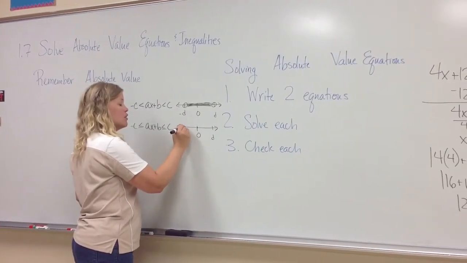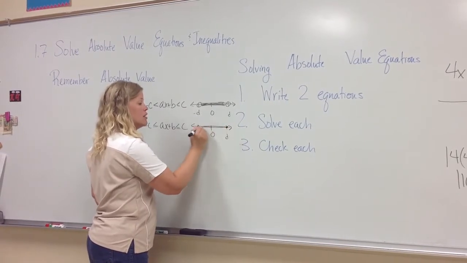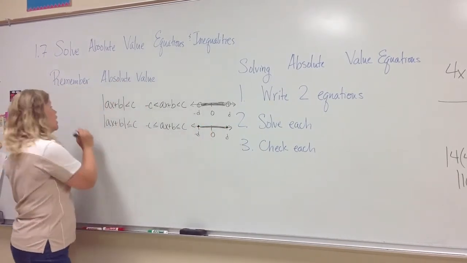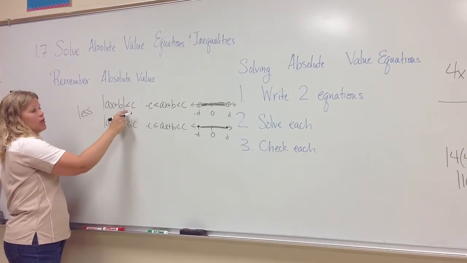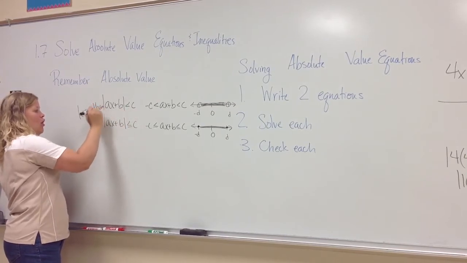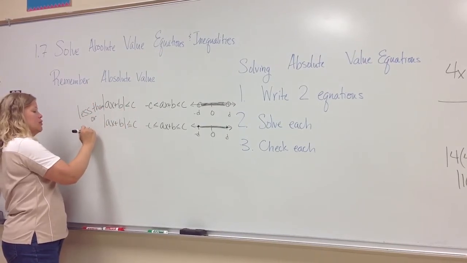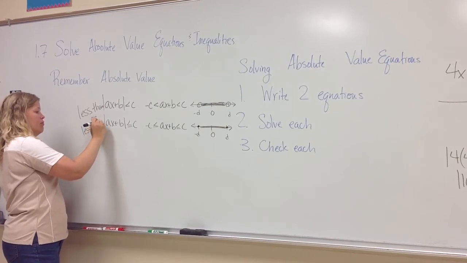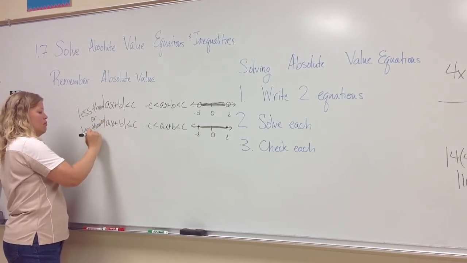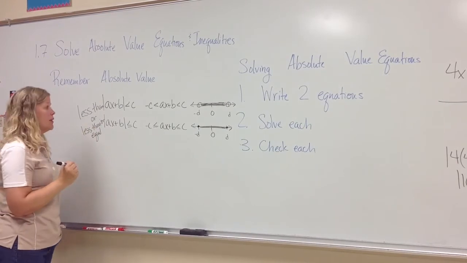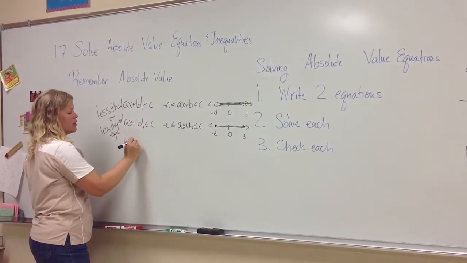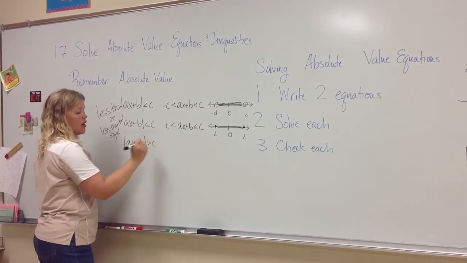We're going to have closed circles and all the space in between. So if it started out with less than or less than or equal to, not too bad. We need to look at what to do when you get greater than.